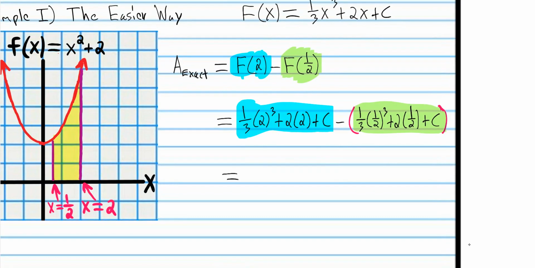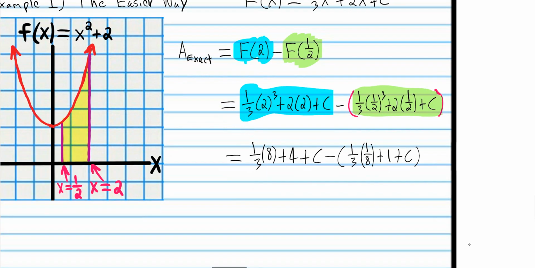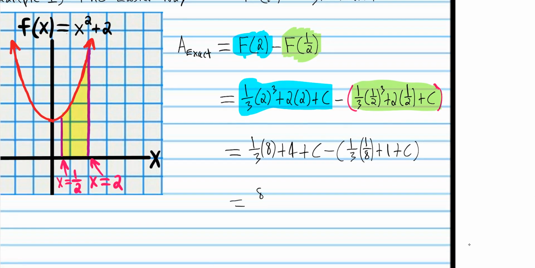So now we have 1/3. I'm going to go very slow here, just so you can be absolutely sure what we're doing. But I don't really need to go slow. I mean, this is just basic math. So I'm just doing my calculations. And then we get 8/3 plus 4 plus c. And then when you multiply these, we get 1/24.